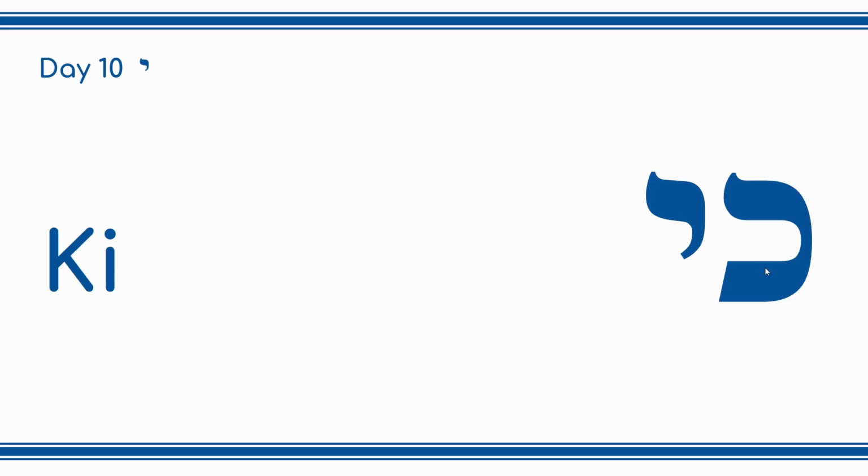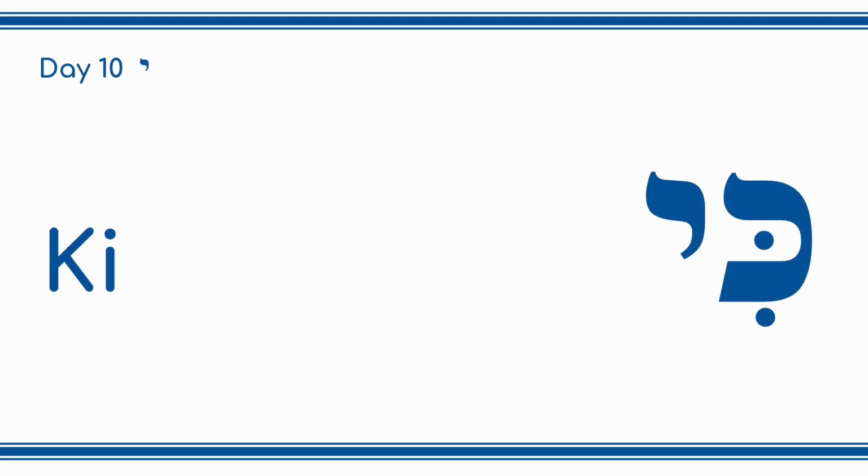And when you see the yod and this letter, you can make a guess that, oh, this is going to make an E sound. So the word would be ki, and that's how it helps you out. Just like the letter He. It's not really making a sound, but it's hinting at what the sound could be. And that's how it helps you out when you don't have any vowels. But you don't ever have to worry about this because you will always have the vowels because you'll be reading the Hebrew Bible.